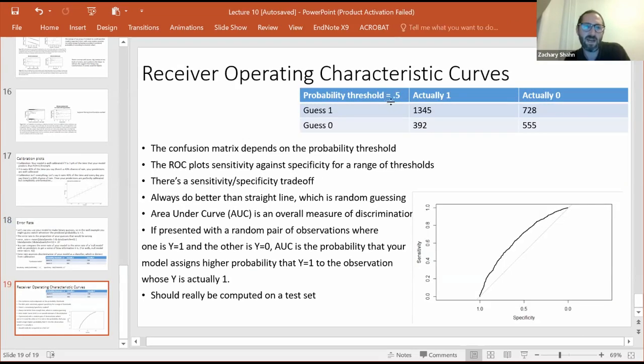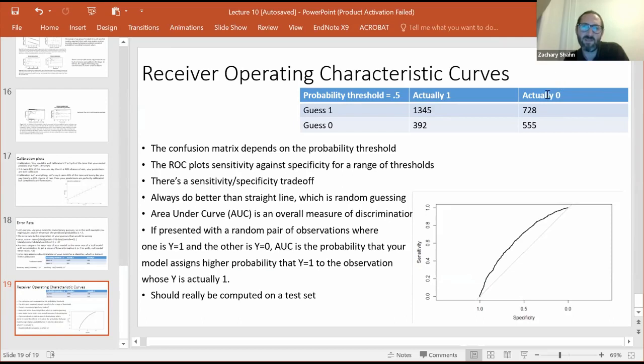And you could imagine varying that threshold to be very low or very high. So if you have a very high threshold for guessing one, then you're going to be very insensitive, right? Your sensitivity will go way down. You'll very rarely guess one, so you'll miss a lot of actual ones, and your sensitivity will be very low.